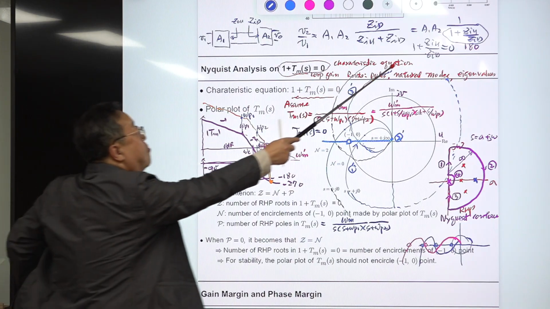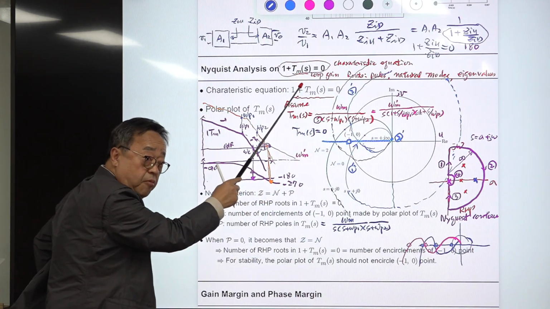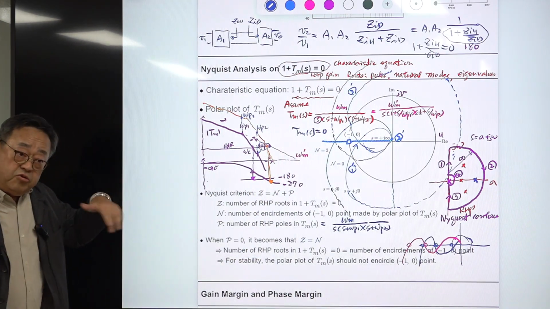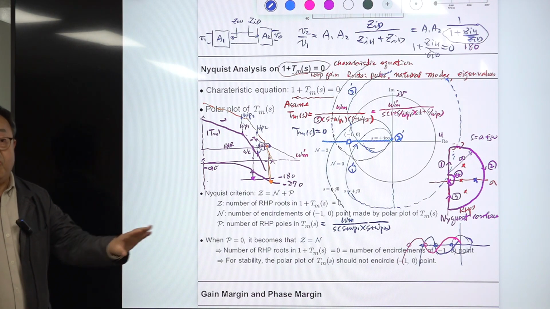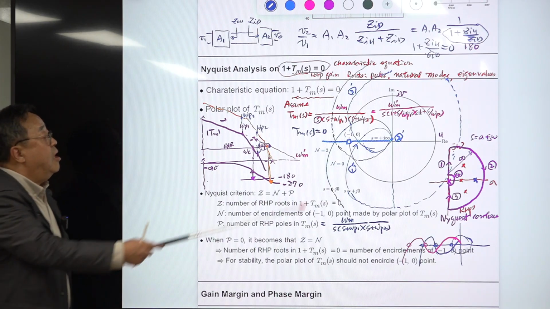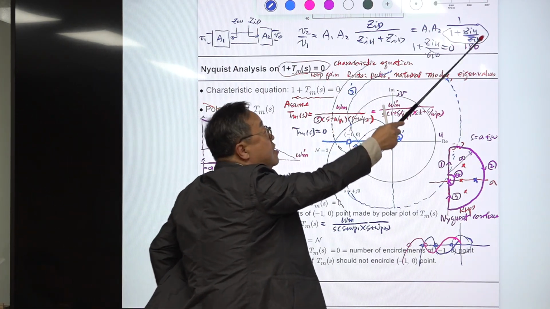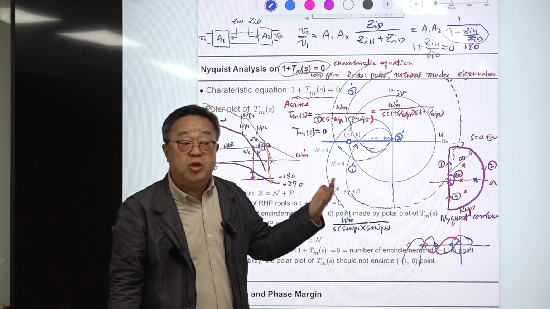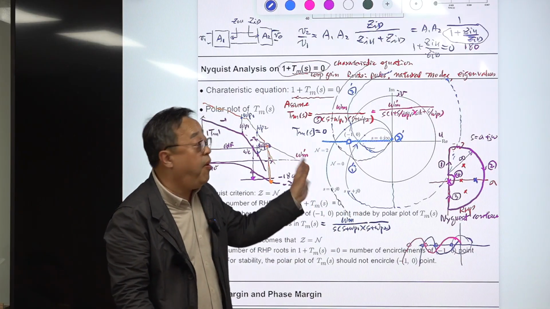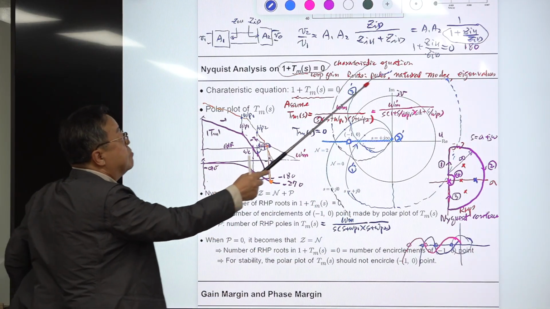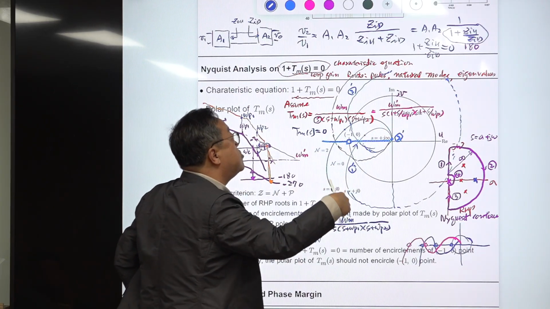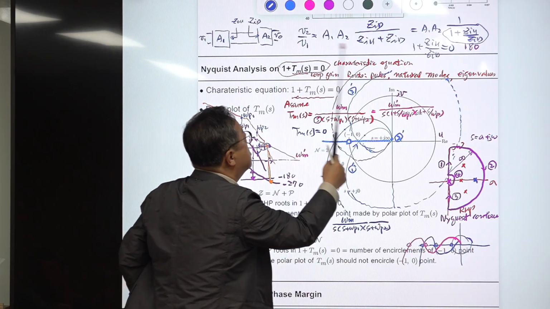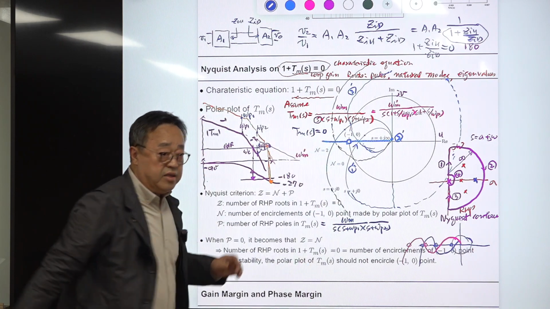Then this form is exactly the same as this form. Then you directly apply the result of the Nyquist analysis and the result of our analysis. So it can be considered as the loop gain. There is no loop here, no feedback loop. Okay, there is no apparent feedback mechanism, but still you can use this result to determine the stability of this combined system.